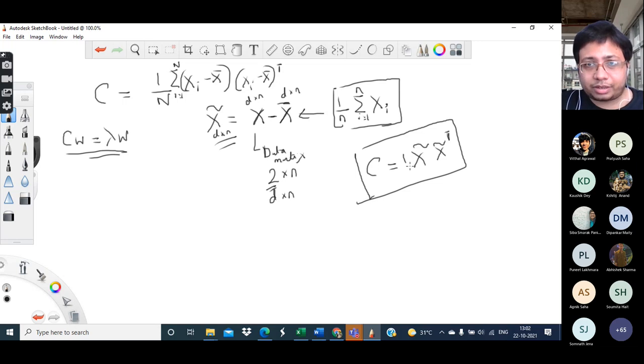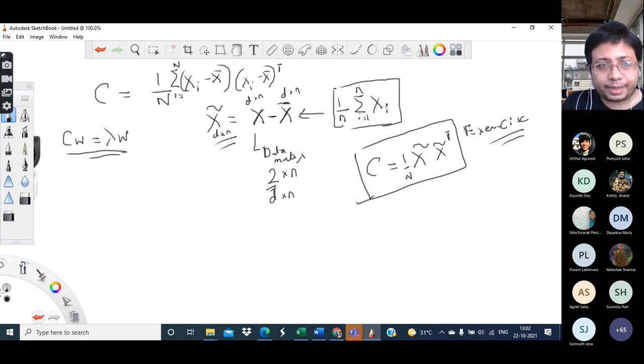The factor of 1 by n will be there, that you can ignore. And so this is what C will become if I express x tilde in this way. I leave this as an exercise for you to verify.